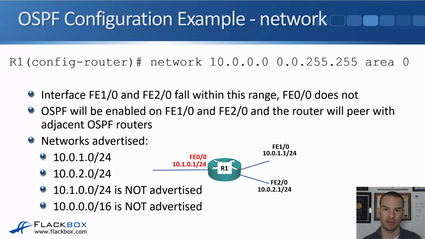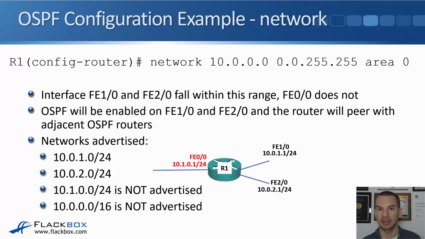So all interfaces that have got an IP address that begins with 10.0 and then anything after that, we're going to turn OSPF on for those interfaces. So that will match on interface fast 1/0 and 2/0. Fast 0/0 begins with 10.1, so that is not included in the network statement, so we're not going to turn OSPF on there.